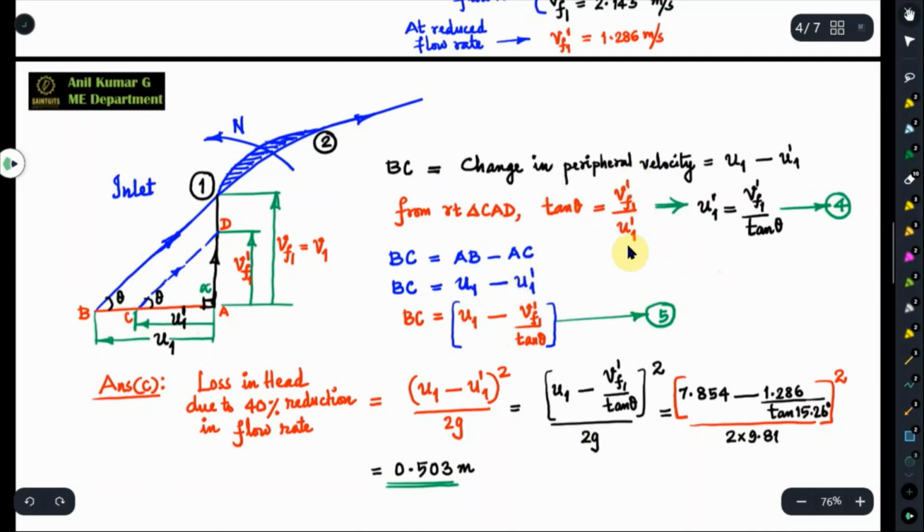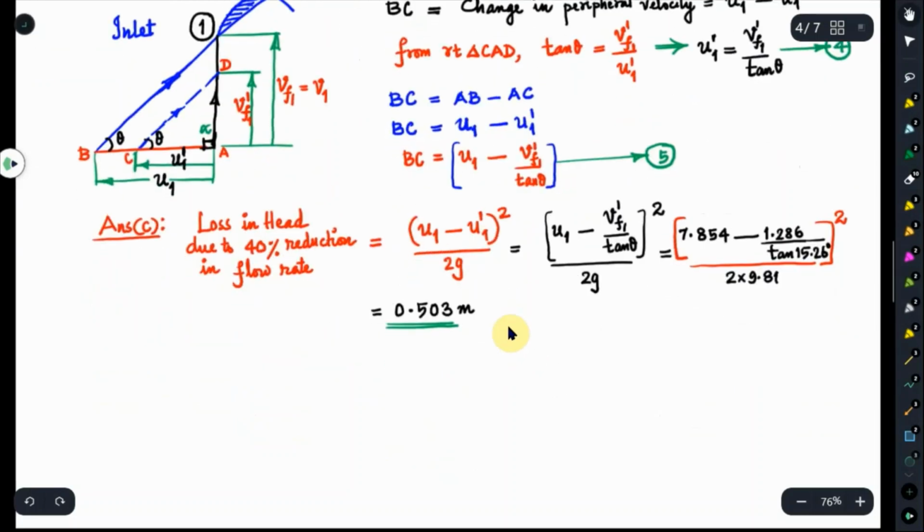u1 dash you will get from this relation, already we got it. u1 dash is equal to Vf1 dash divided by tan theta. So if you substitute over here, u1 minus Vf1 dash by tan theta, that is the change in tangential velocity. So you have to find out the corresponding loss of head. How do we convert that into the head? So you take the square of that and divide it by 2g.